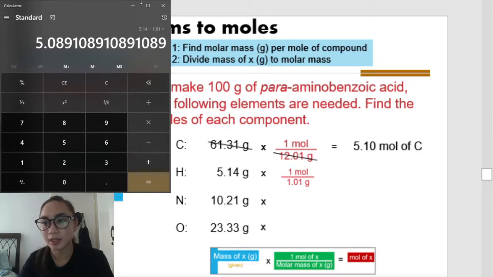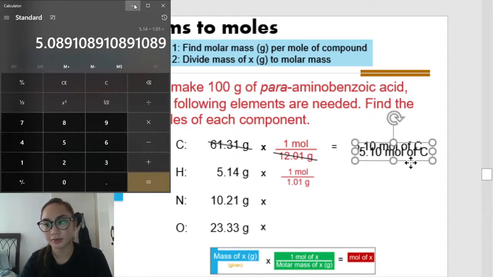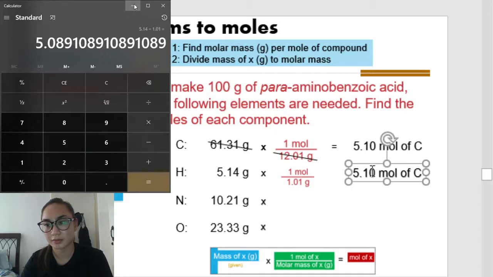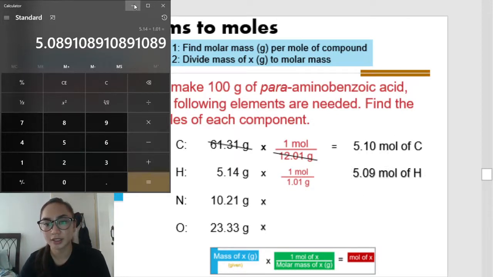So we get 5.089. I'm going to round this off, so it becomes 5.09 of hydrogen. Okay, next.